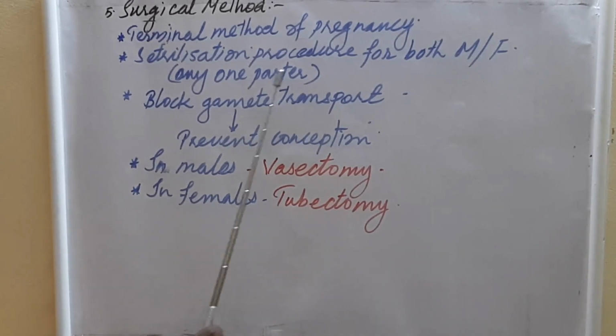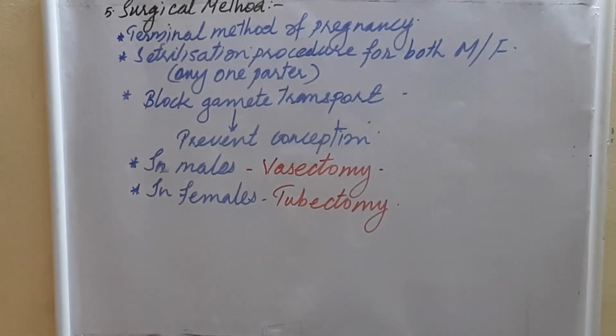It is the sterilization procedure for both male and female, but either one of the partners has to do this procedure, either the male partner or the female partner. Both, it's not necessary to do this sterilization procedure. It blocks the gamete transport. It prevents conception. In males, this sterilization procedure is known as vasectomy, and in females, it is known as tubectomy.